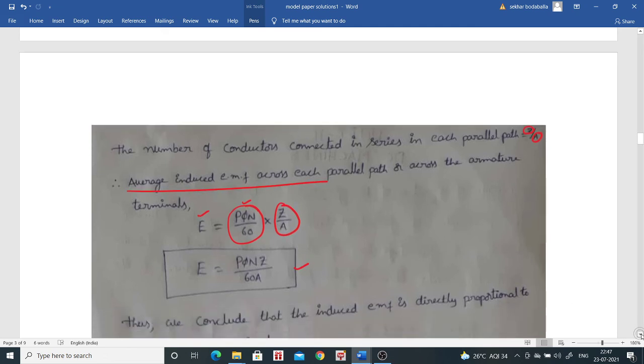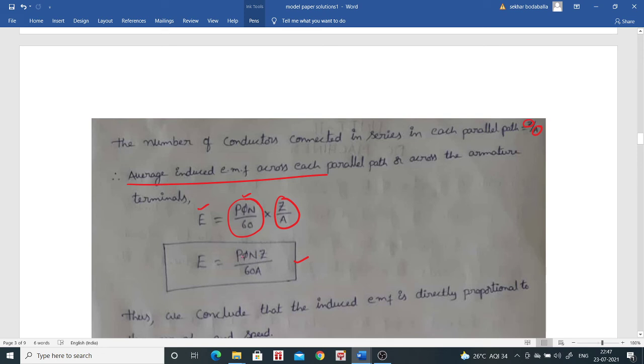So from this, if you observe, once the machine is designed, the number of poles of the machine P is constant. It will not change. Again, this 60 anyhow is a constant. See, once you make the winding, the total number of conductors also will not change. So Z is also constant. The parallel paths depend on the nature of the winding; once you complete the winding, how many parallel paths you arranged these conductors in will also be constant.